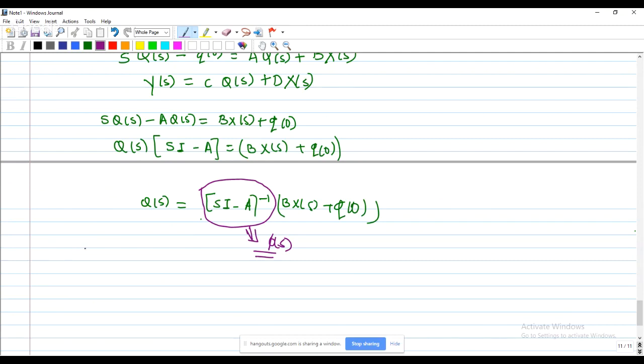Now, rearranging the equation, I'll not prove the whole thing, but you rearrange the equations appropriately in terms of y and q.